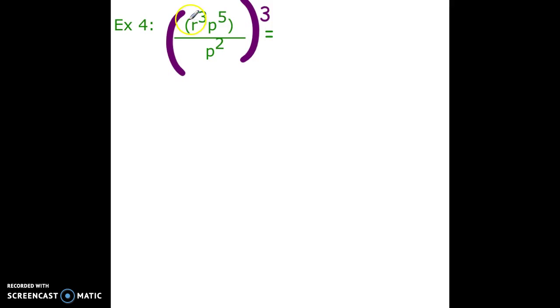Last one, example 4, and I've got some extra parentheses in here we don't need to worry about. I've got r cubed p to the 5th over p squared, all raised to the 3rd power. So I'm going to distribute this 3. So 3 times 3, that's r to the 9th. Then 3 times 5, that's p to the 15th. And I'm going to put that over 2 times 3, that's p to the 6th.